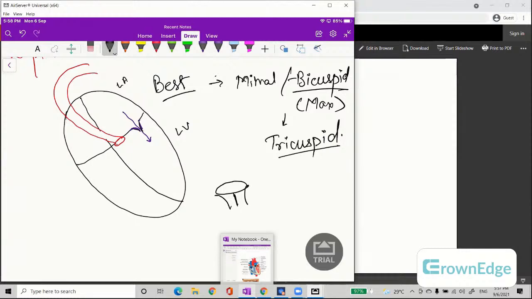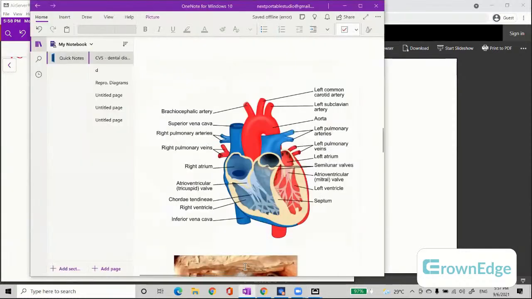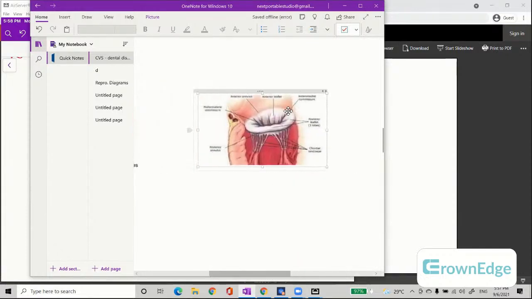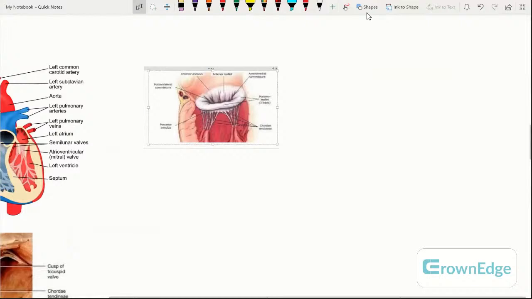If you do have 2 cusps, that is known as bicuspid valve. So these are known as tricuspid valve and bicuspid valve.